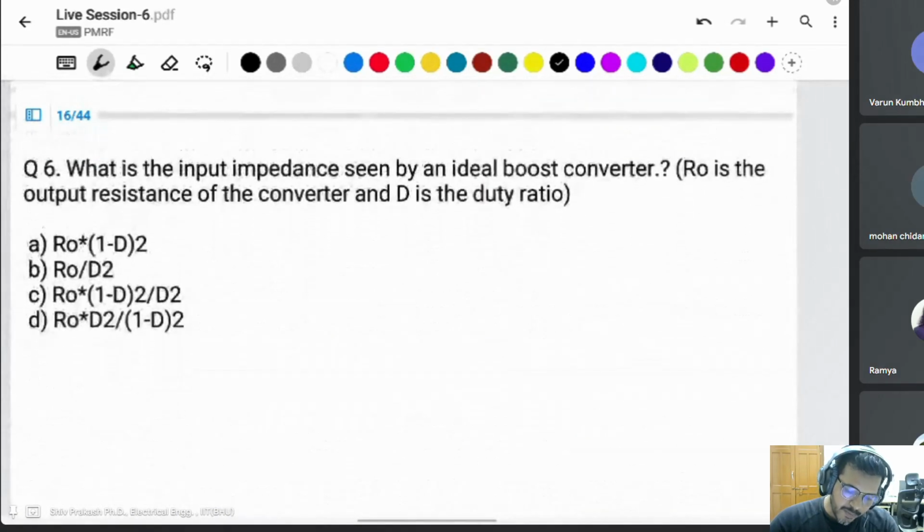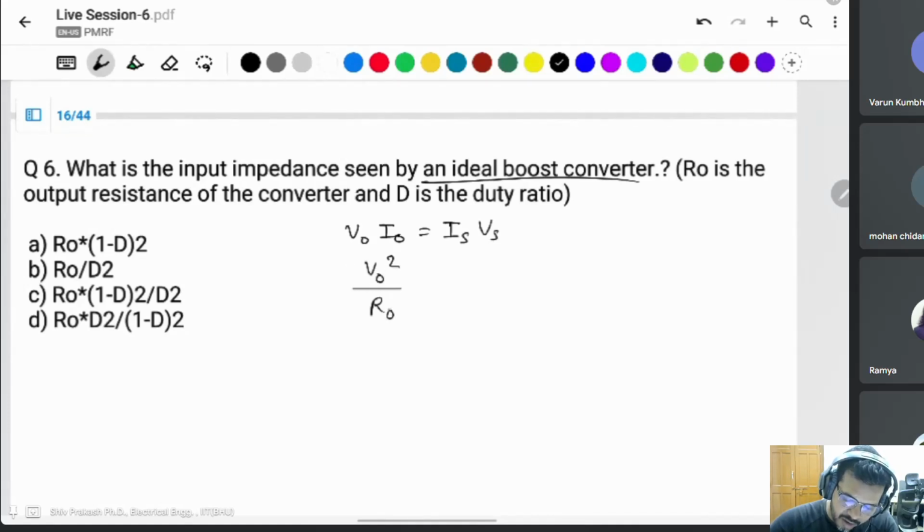Okay, what is the input impedance seen by the ideal boost converter? Same thing, I think I drew in previous questions. For the ideal converter, use the power equation. Input power is equal to output power. Output power is V naught squared divided by R naught, and input power is Vs squared divided by the source resistance Rs.